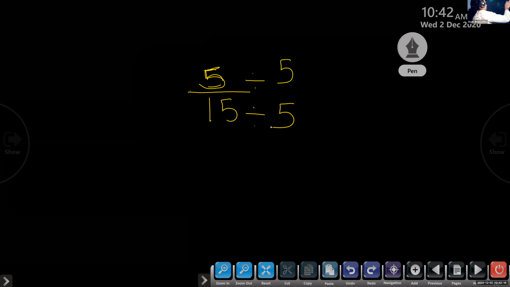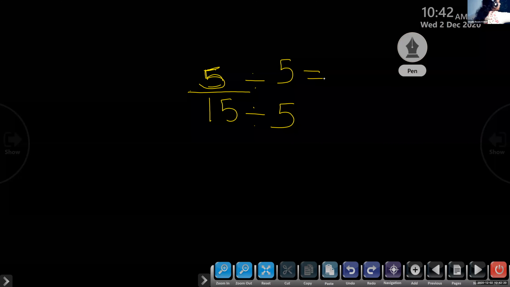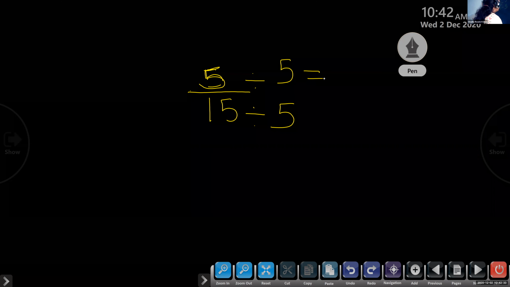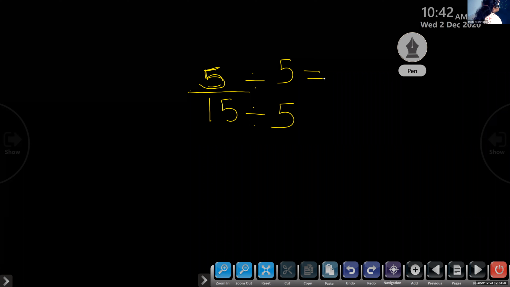So children, 5 divided by 5. Yes, Rohit, any number divided by the same number. Tell me 5 divided by 5. Can you look at the board? 5 divided by 5. What is the answer? 1. Yes, very good.